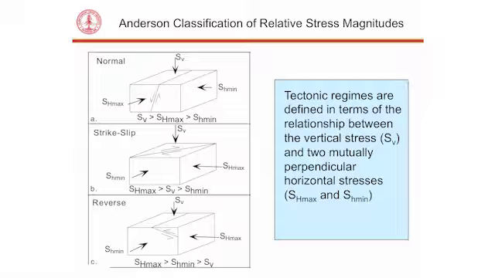In fact, the stresses in the earth are always such that the minimum stress, in this case the minimum horizontal stress, is greater than the pore pressure. Okay, now the pore pressure in an open system, as we'll see, is just the weight of the water above a depth of interest.